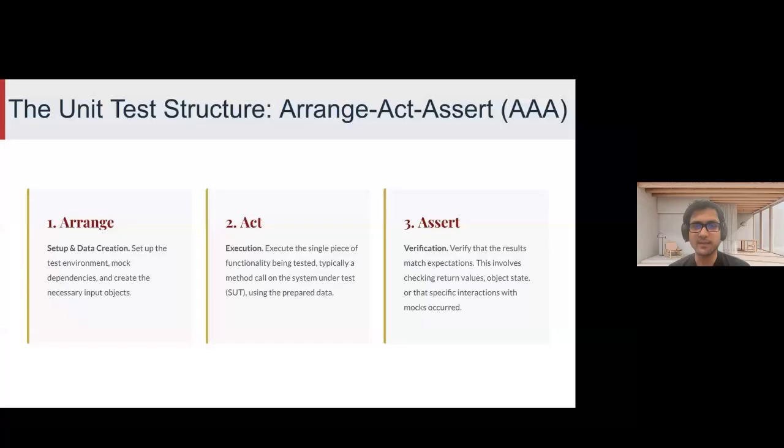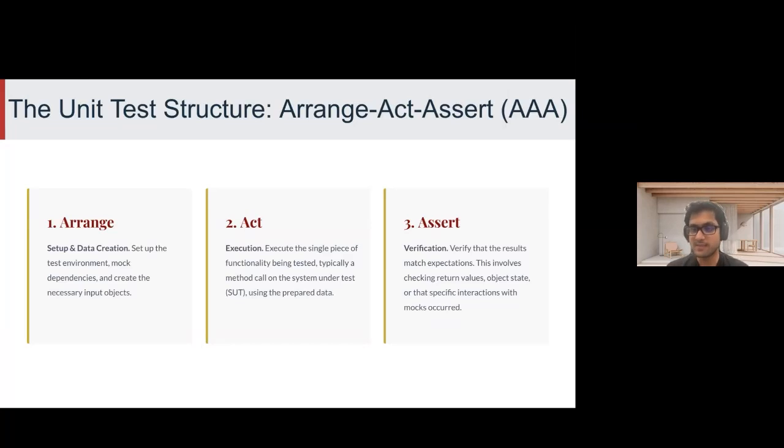A good unit test structure is typically arranged in three different parts. One is arrange, second is act, and third is assert. In a typical unit test, the arrange section is where we set up a test environment, mock dependencies, and create the necessary input objects. Act is where we invoke the code under test, making a method call into the system under test using the data and the environment that we prepared in the arrange section.